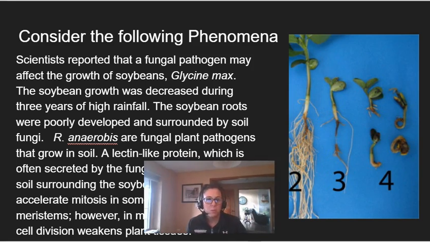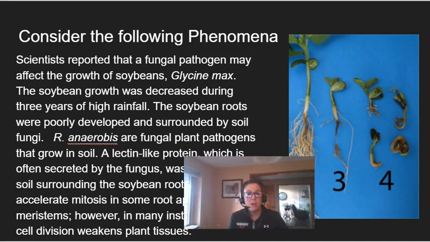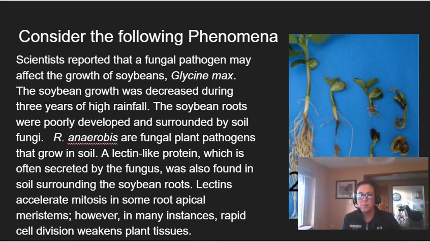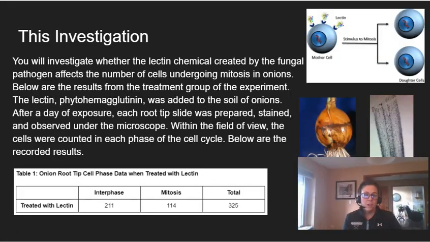But the thought process was that perhaps in onion roots, a small amount of these lectins could actually be advantageous to the plant, and it could grow the roots at a rate that might actually help the onion, even though it did not help the soybean. So here's our investigation.